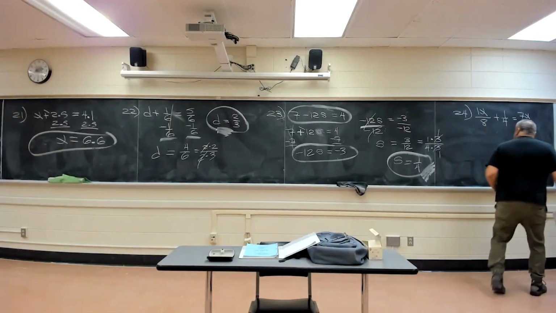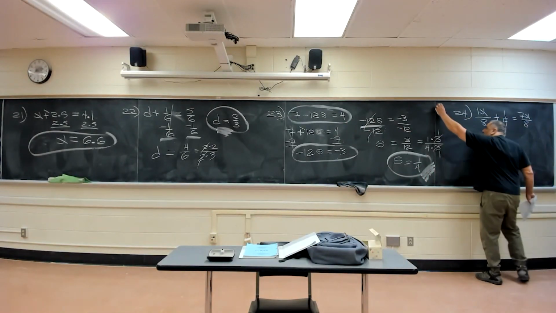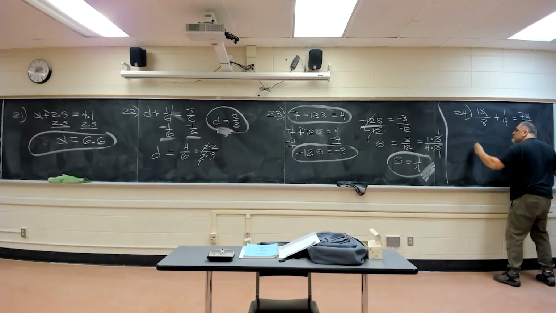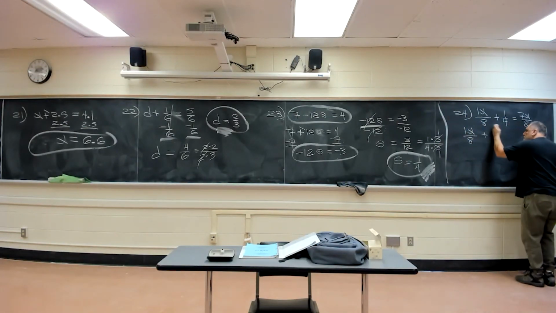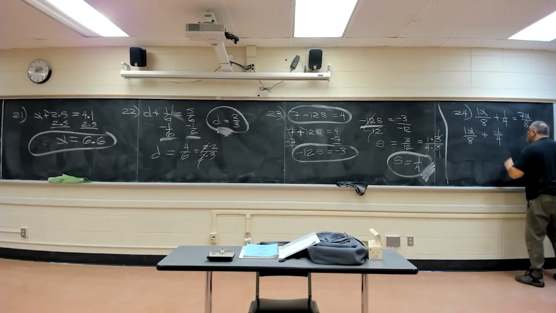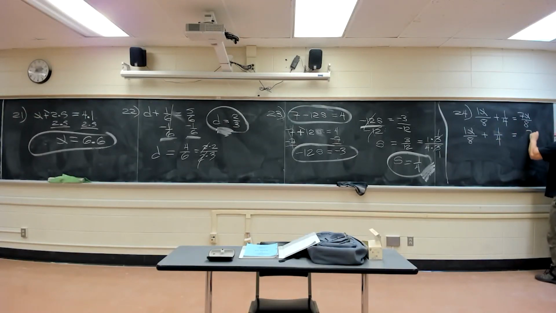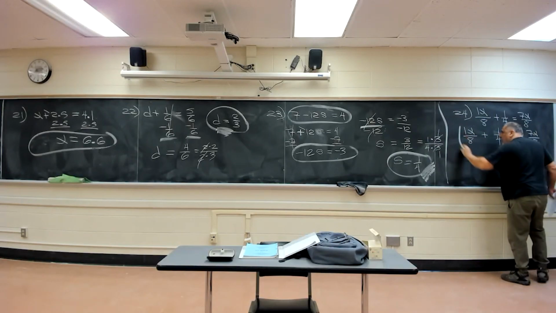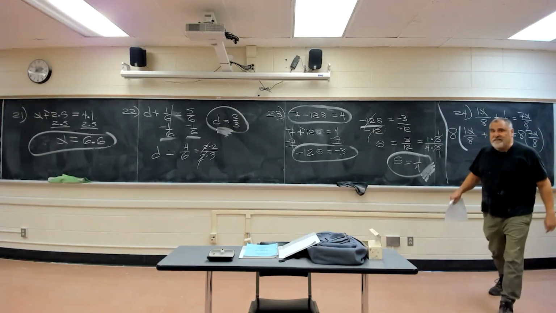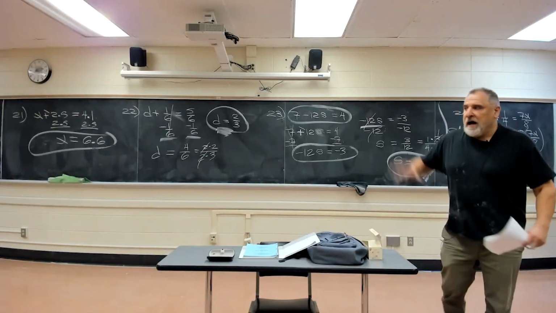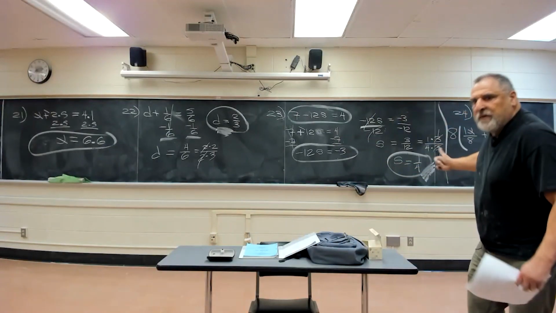All right. Guys, to put it in plain English, let's just do it. Here goes. I'm going to multiply by 8 on each side. But you got to put parentheses around everything on the left-hand side and everything on the right-hand side.